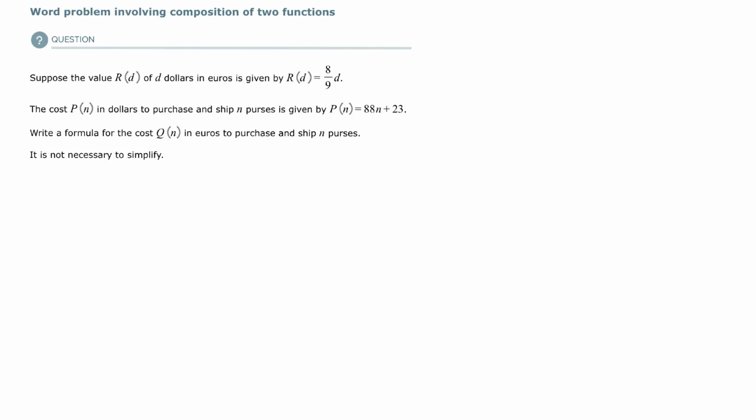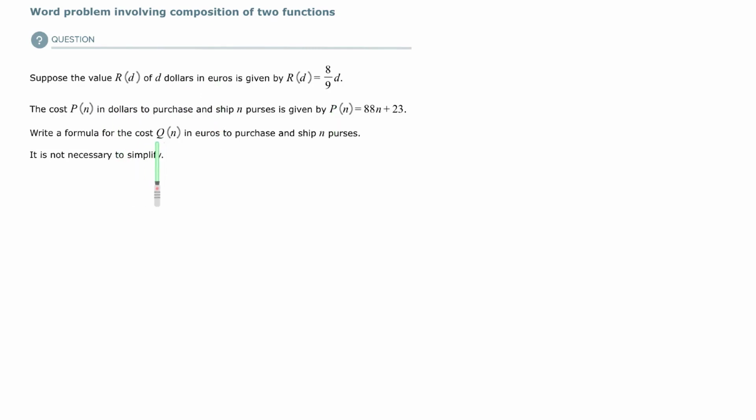According to what's said here, our independent variable must be N, and N is the number of purses. So if we start with purses, and then we come out with the cost to ship those purses in, let's say, US dollars, then what we want to do is now convert those into euro dollars.